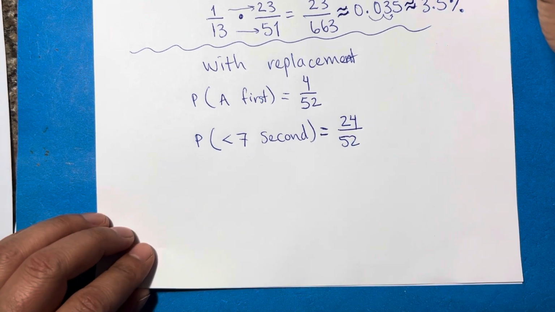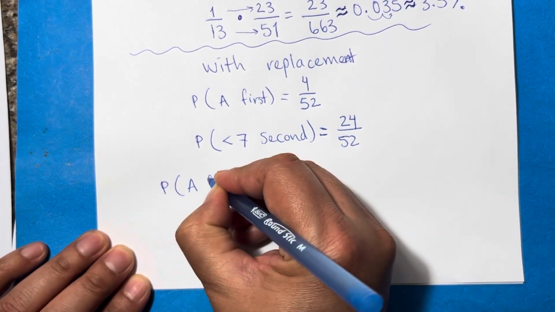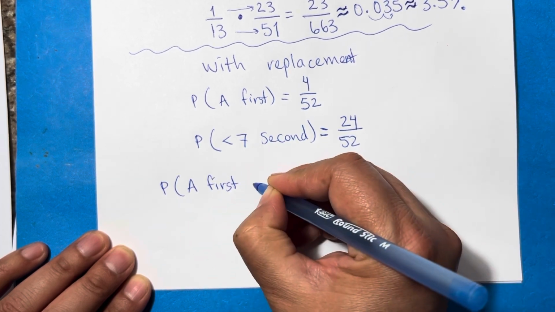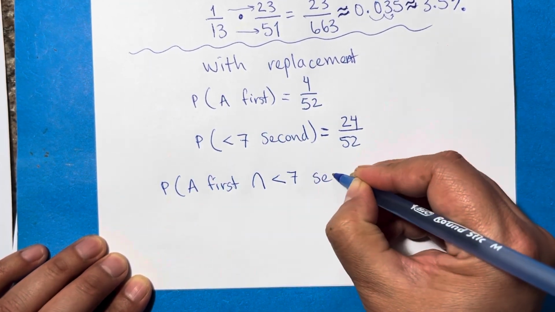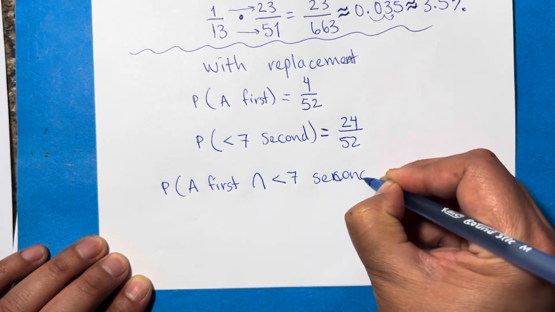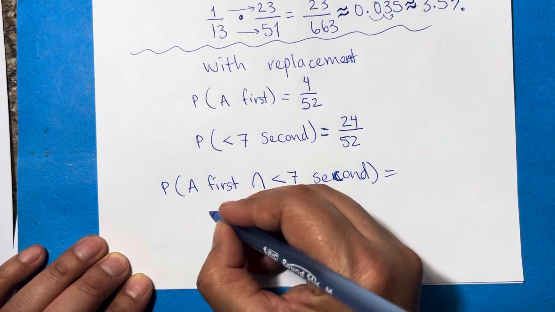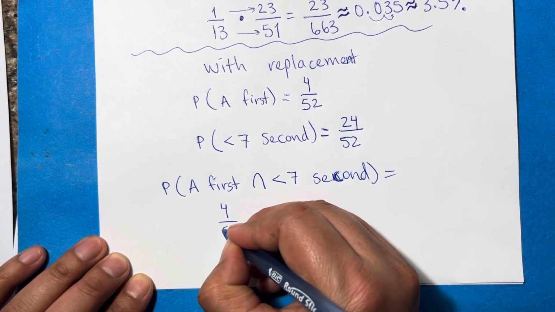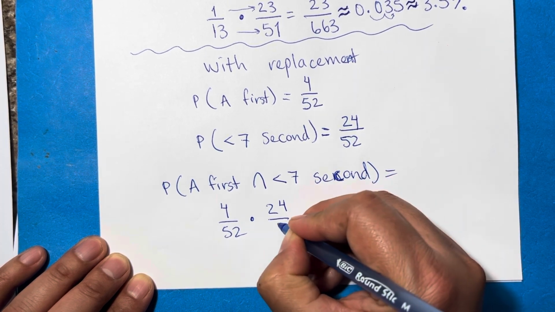Okay. So for the probability of an ace first and a number less than 7 for the second, then it's going to be 4 over 52 times 24 over 52.